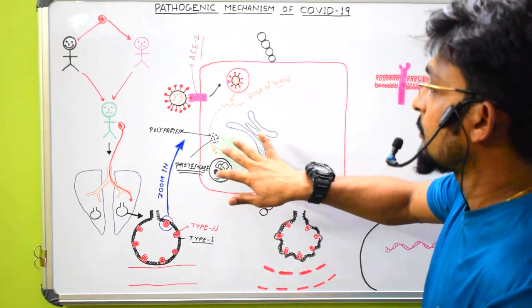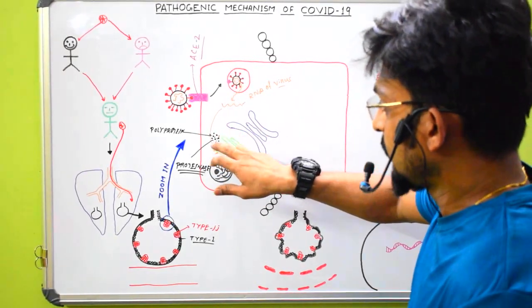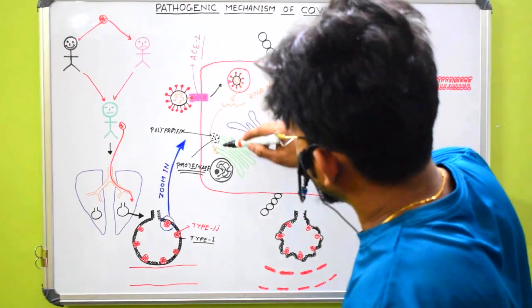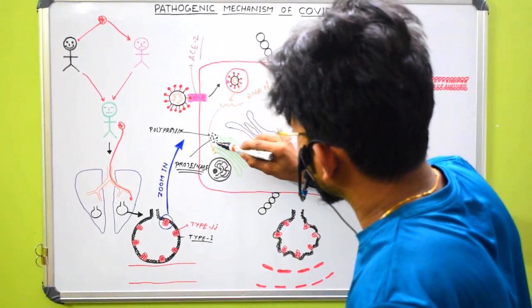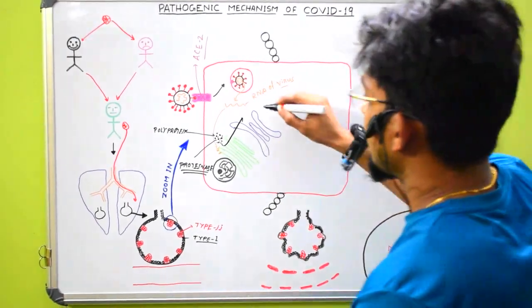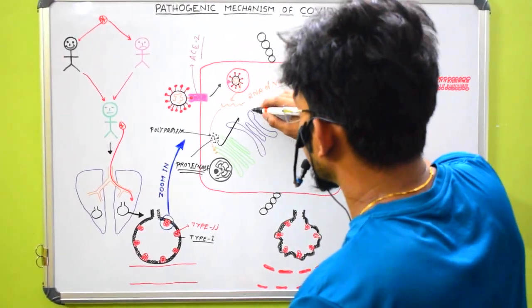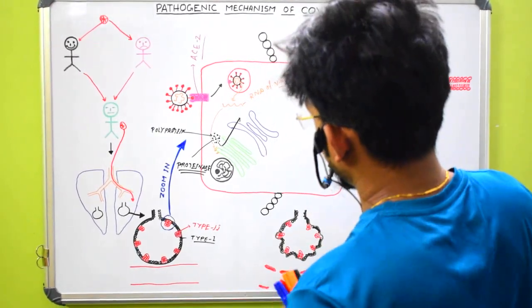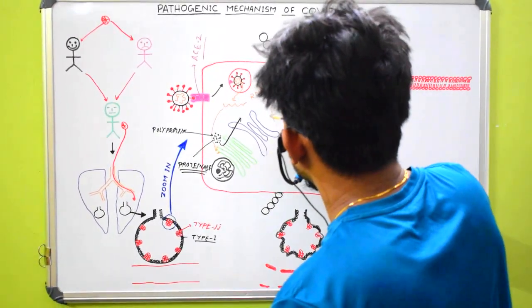Now, after the formation of the proteins, they will follow the track through the ER-Golgi system. And from the Golgi body, the virus will be released. The virus will be formed.